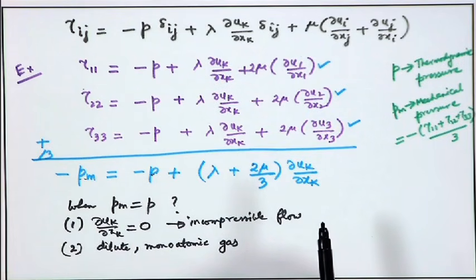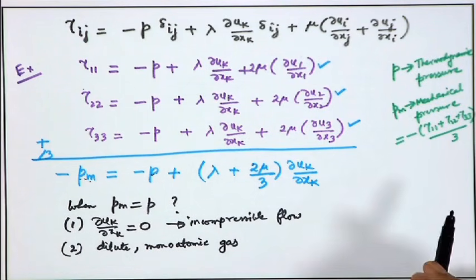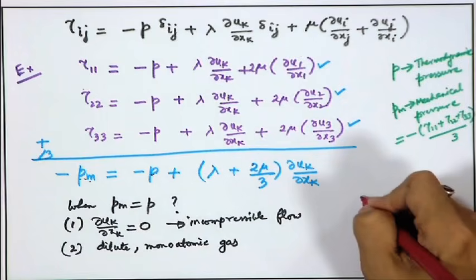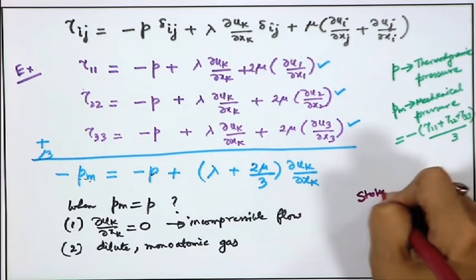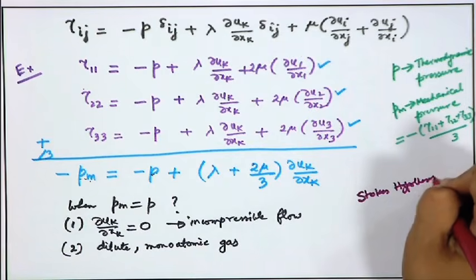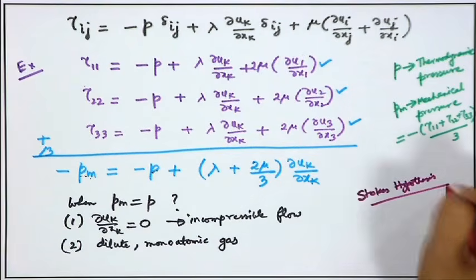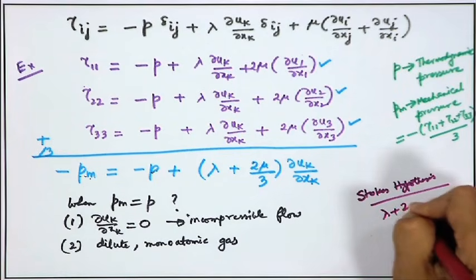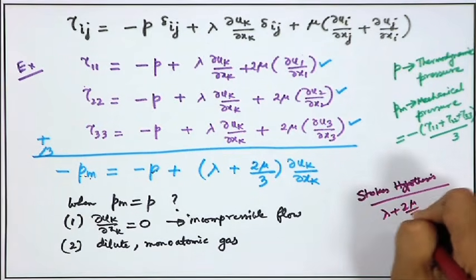Otherwise, it is not possible to say that they are equal, but Stokes made a hypothesis which is called the Stokes hypothesis, that lambda plus 2/3 mu is 0.